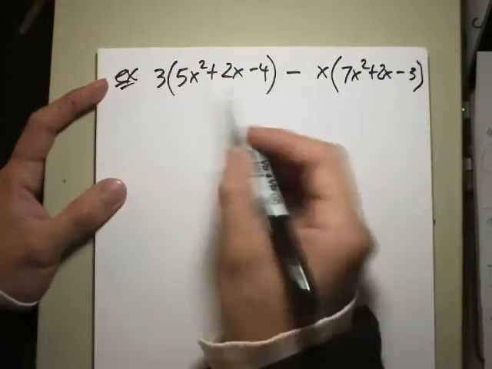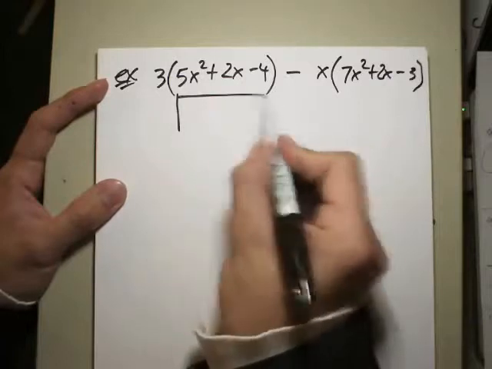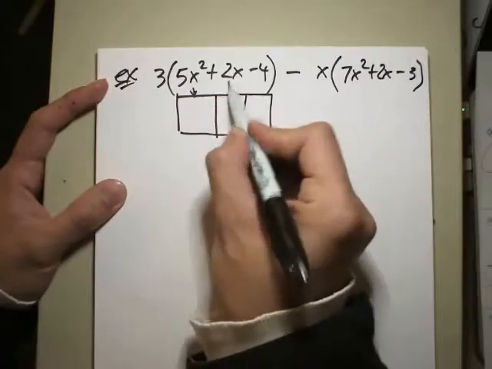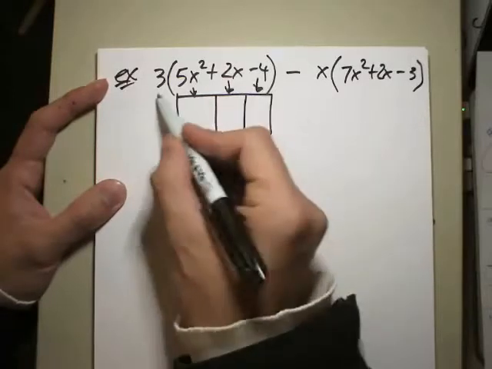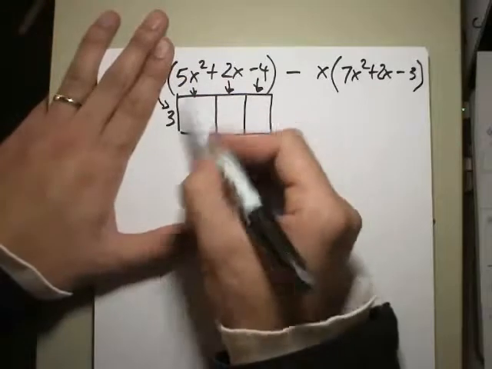When you use this box structure, that's going to give me 3 boxes because I have 3 terms inside. The 5x squared goes here, the positive 2x, and the negative 4. The 3x will go on the outside, and I can start multiplying it in.